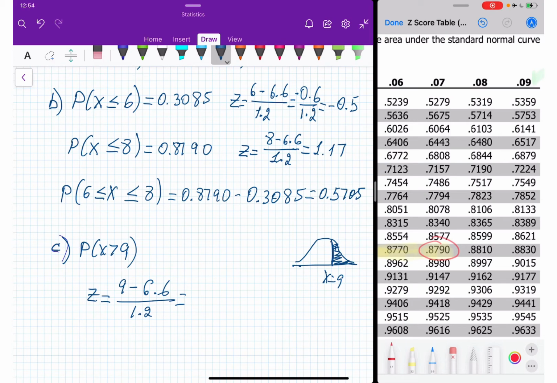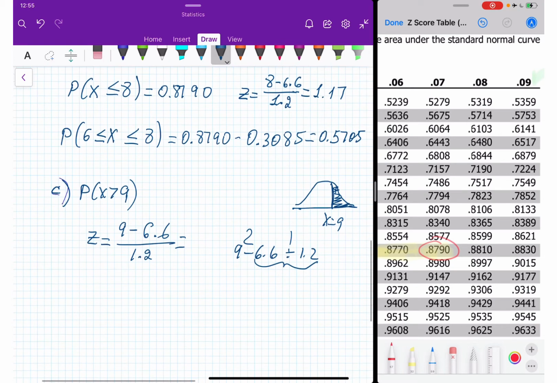You will get completely messed up. Why? Because the calculator will do the division as the first operation, and then the subtraction. Therefore, once you do 9 minus 6.6, click enter so you will see how much is equal, and only then, once you get 2.4, you divide by 1.2. Do we understand? It's very important because it's an order of operations.